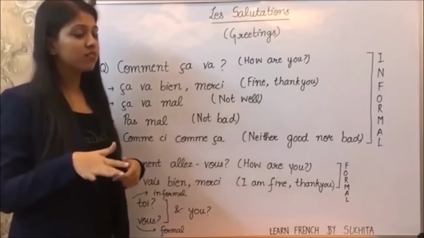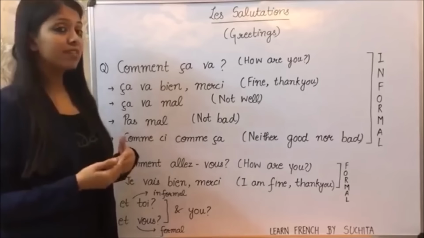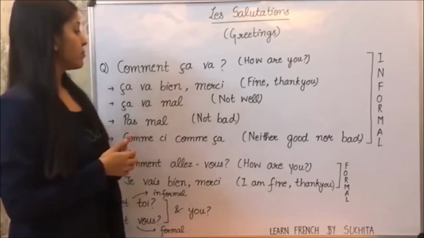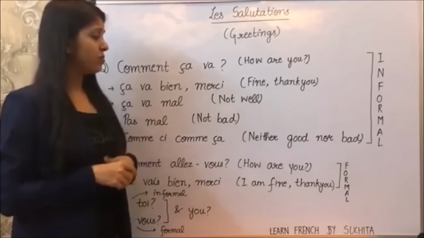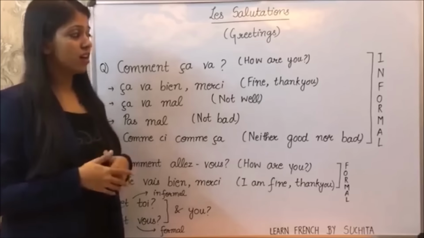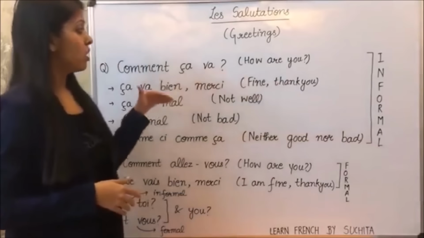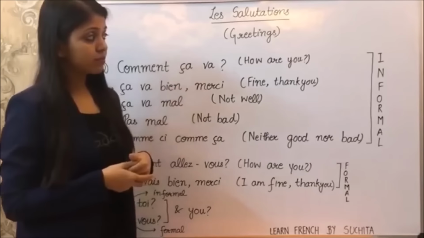Comme ci comme ça, which means neither good nor bad. On les répète, we repeat them. Comment ça va? Ça va bien, merci. Ça va mal. Pas mal. Comme ci comme ça. Now these were the informal way of asking or saying how are you and its replies.